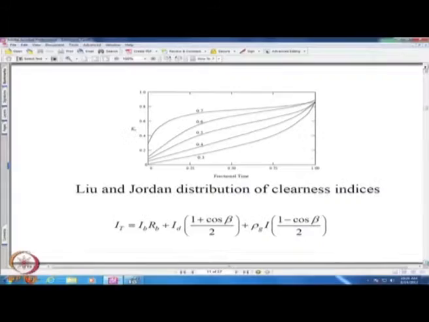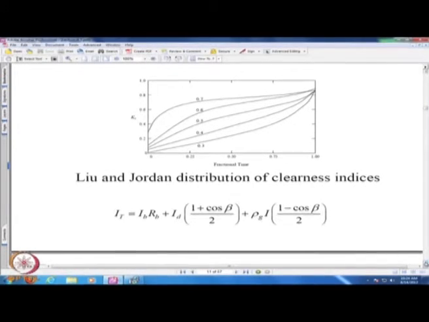Nevertheless, there are other applications where you would like to calculate the solar radiation on a surface of arbitrary orientation, slope beta, set at an azimuthal angle of gamma, and that I t has been expressed in terms of three components. One is the direct radiation component, the other is the sky diffuse component, and the third is the ground reflected component.